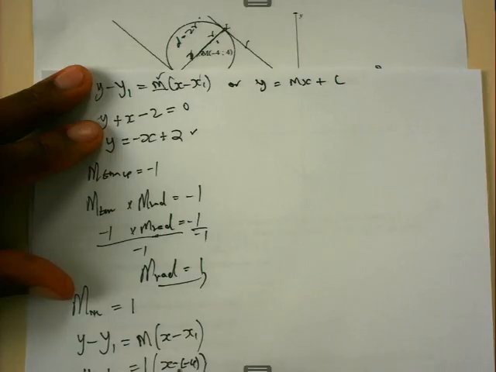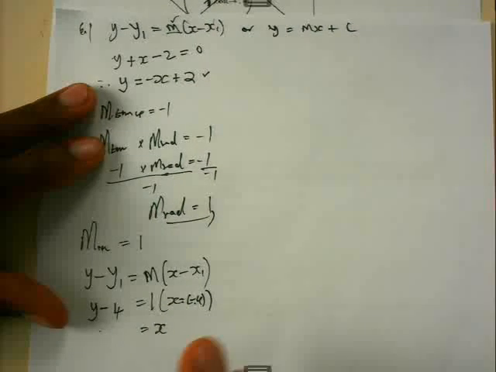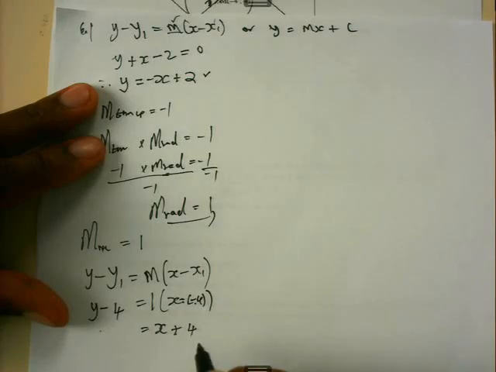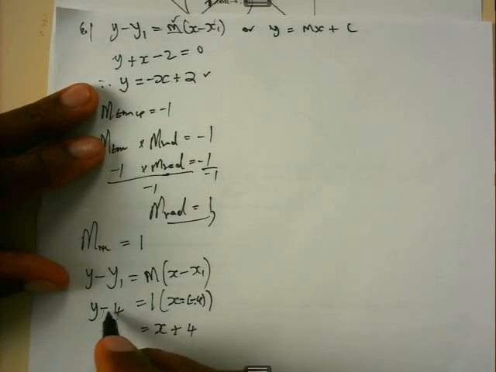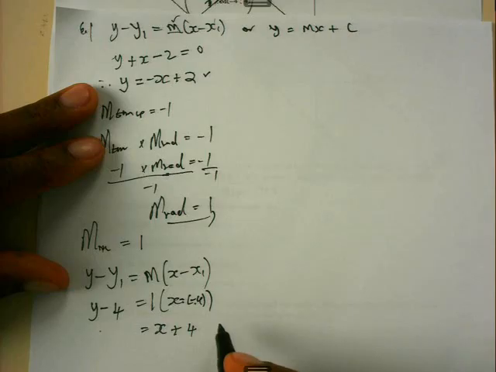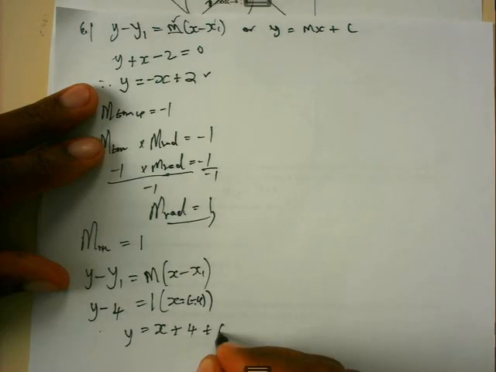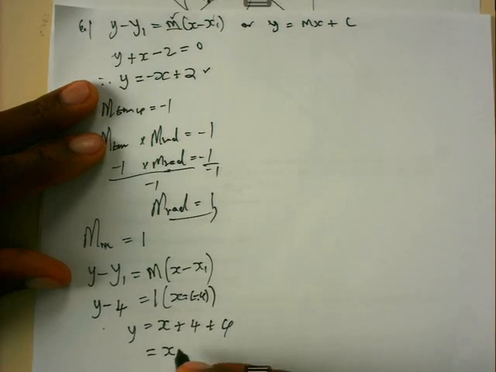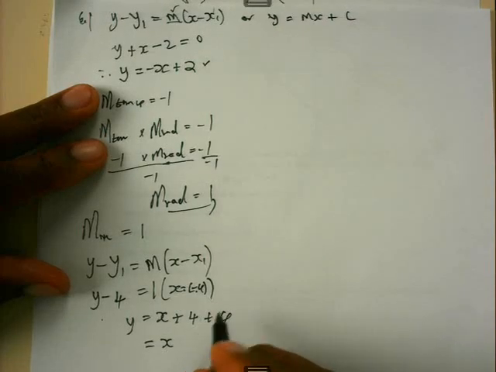Right, now here we multiply everything by x. 1 times x is x. Negative times negative is a positive. Therefore, we have a +4. Right, this is a -4 on this side. When I take it to the other side, we are going to have a +4 as well. Therefore, now we have x +4.